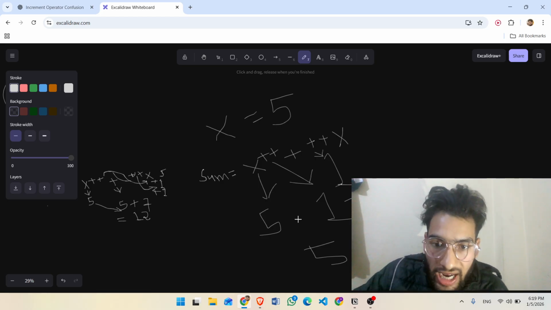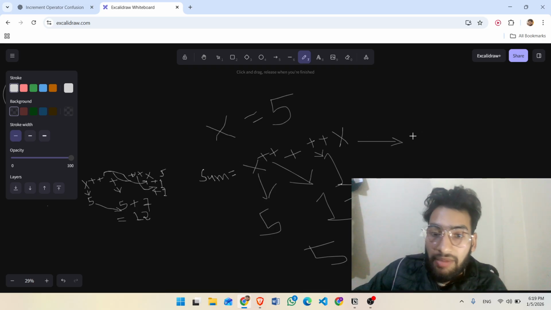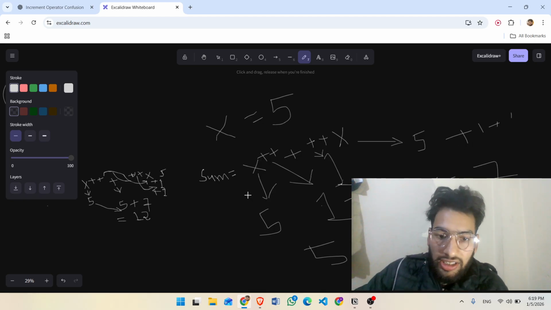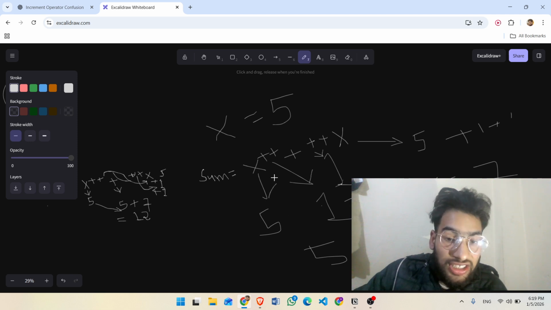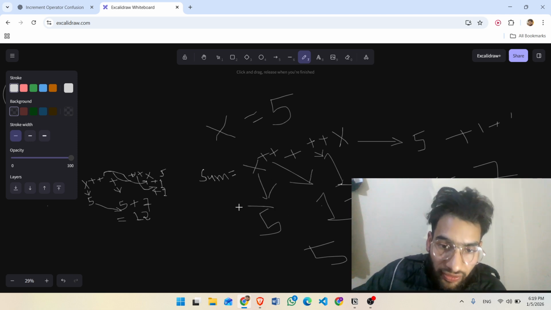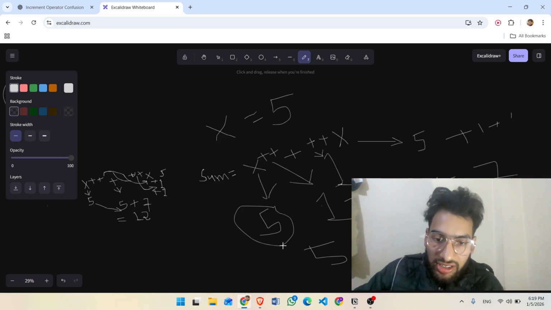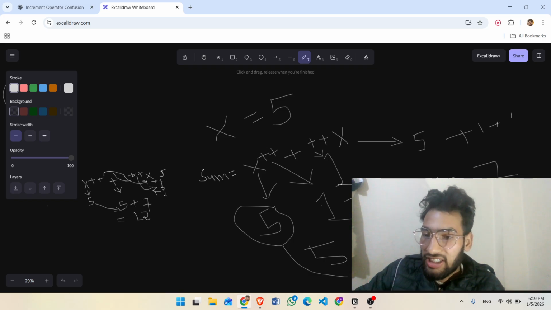So the second one becomes 7, and the value of the first x plus plus is 5, because it prints first and increments later. Then we add 5 plus 7, so that it gives 12.